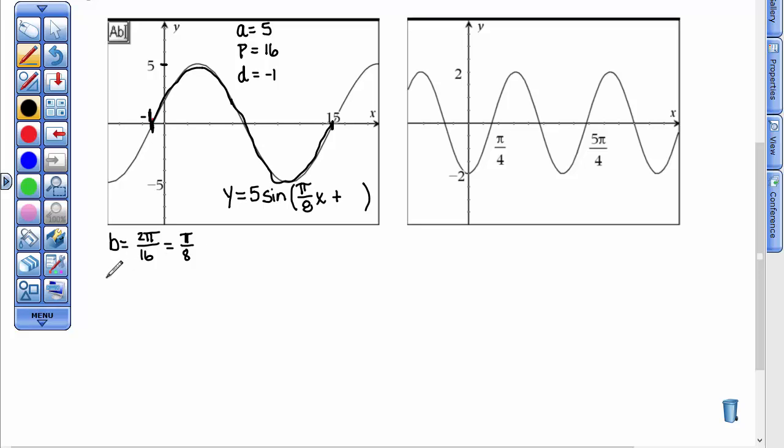Remember that my c value is found by taking the opposite of b times my displacement. My b value is pi over 8, so I'll take the opposite of pi over 8 and multiply it by the d value of -1, and that would be a positive pi over 8. So I'll put that in here.